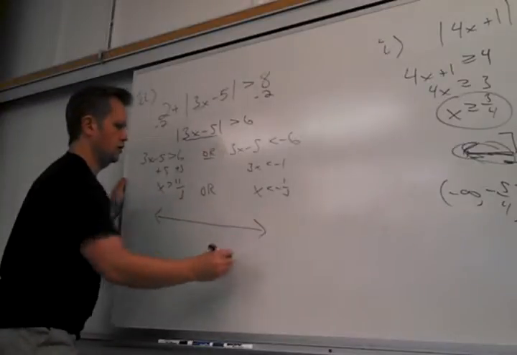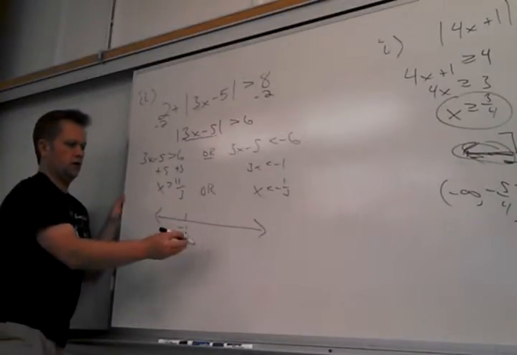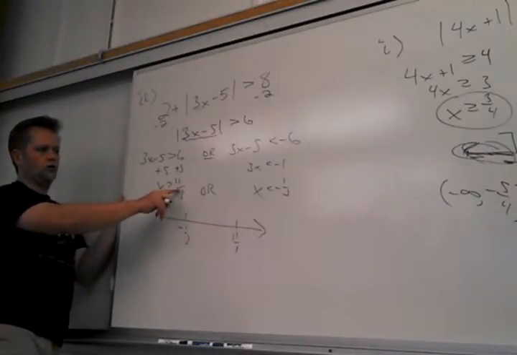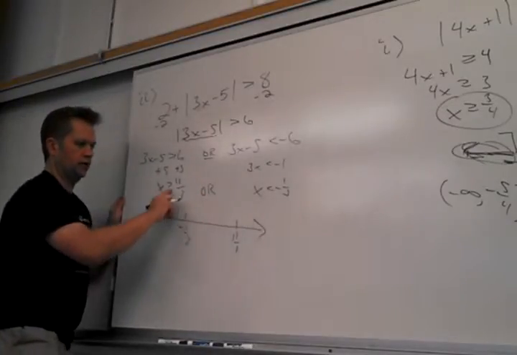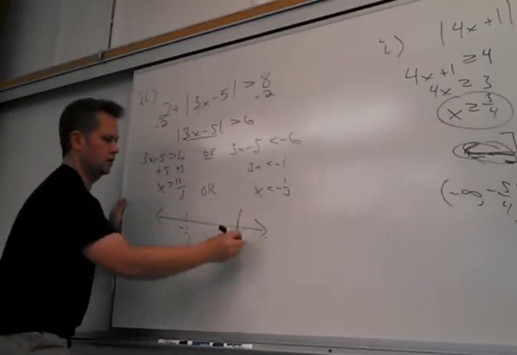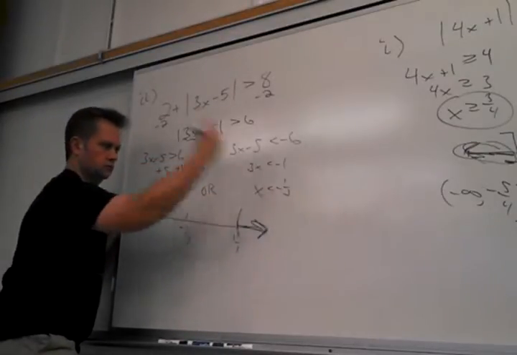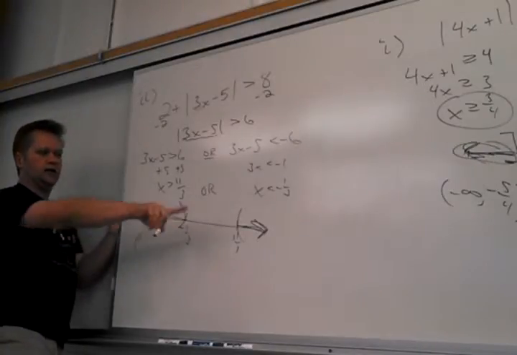So let's see here. Okay, so negative 1/3 is there. 11 thirds is up there. I want to go which way from 11 thirds? To the right. And what symbol do I want on the 11 thirds? Parentheses. And then the negative 1/3, I want to go below that. Parentheses. And now we've seen how this kind of thing works.